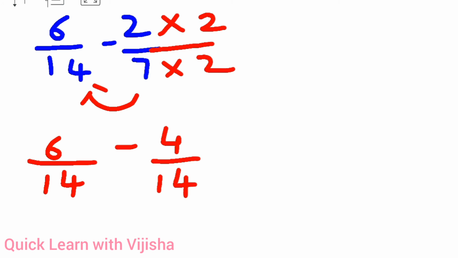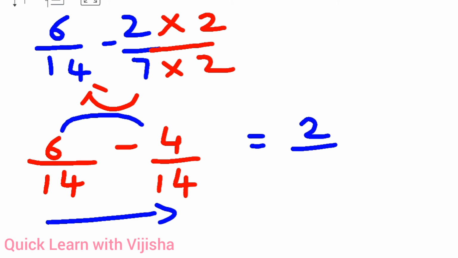Understanding, children? 14 and 14 same denominators. We will subtract directly. So 6 minus 4 will give you the answer as 2 and your denominator is 14. So regular practice will make you solve the sums easily and quickly.